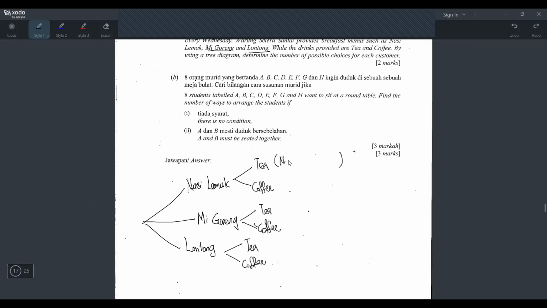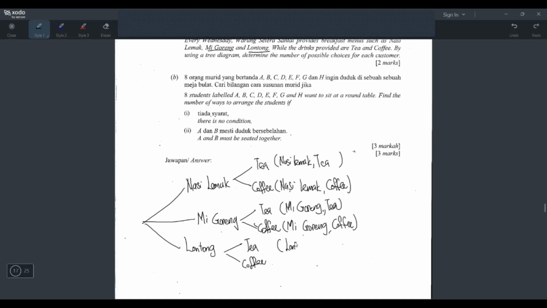So it's either nasi lemak with tea, or nasi lemak with coffee, or mee goreng with tea, or mee goreng with coffee, or lontong with tea, or you can also choose lontong with coffee. So these are all the options you have, right? So how many options? 1, 2, 3, 4, 5, 6.